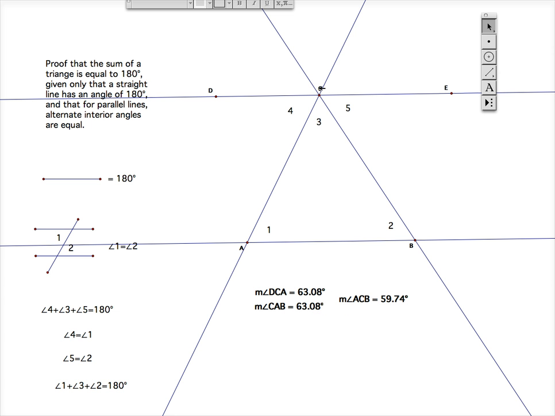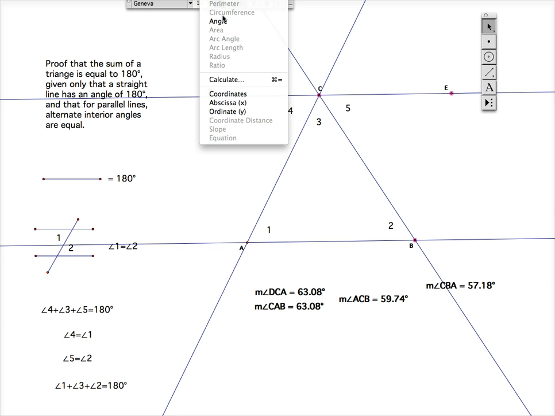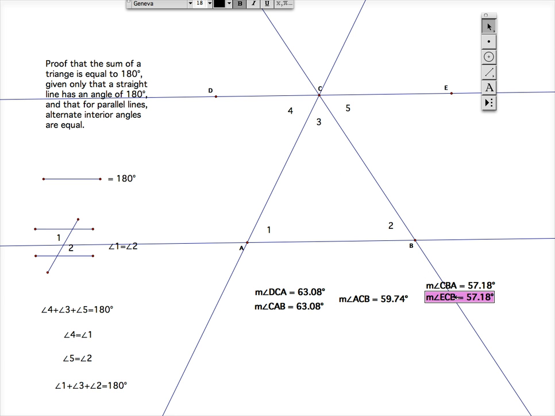And I can also get angle CBA, which is the representation of angle 2, and measure that. And then since angle 2 is equal to angle 5, I can take angle ECB, which represents angle 5, and measure that, and we get 57.18 for both.